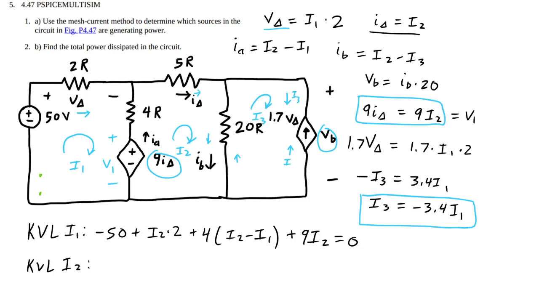I'm going to do another KVL for I2. So I2 is minus 9 I2, because that's the 9 I delta source, an increase through there. Then a drop, that's 4 times I2 minus I1. Is that right? Let me think. I made a mistake here.